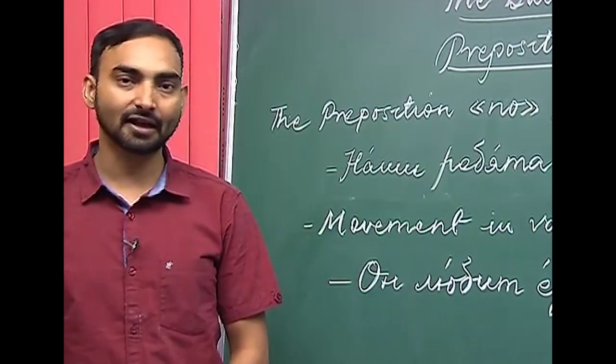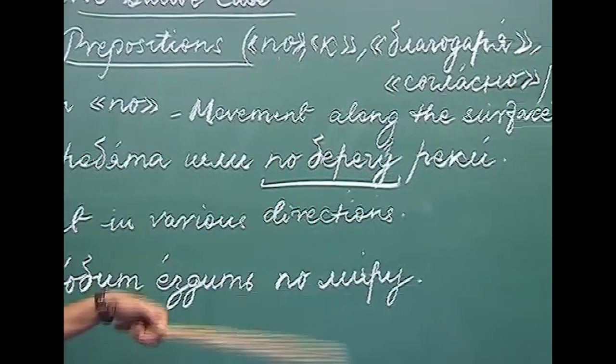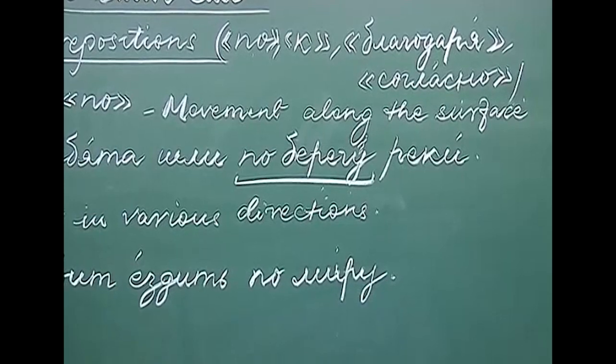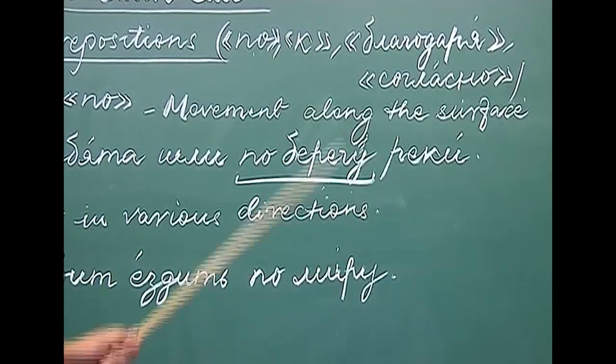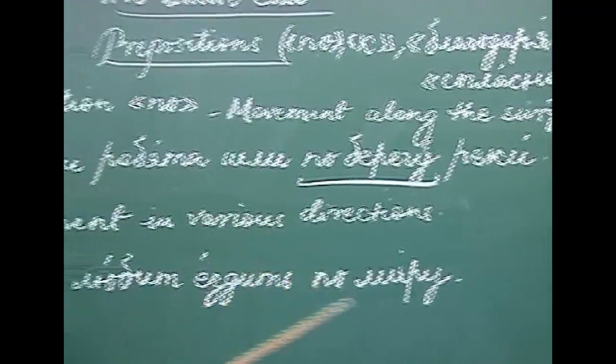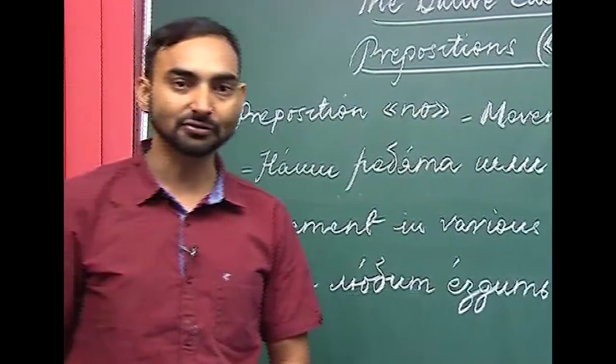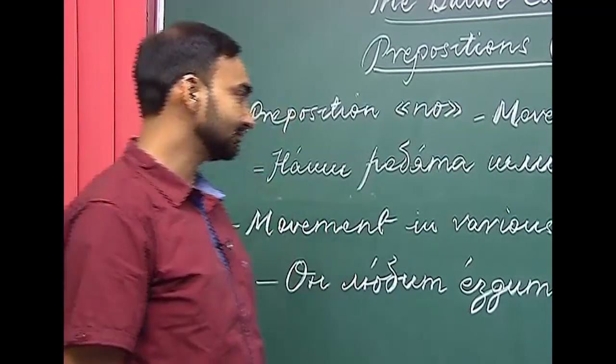The first meaning it conveys is movement along the surface. If the subject is moving along or on the surface, this meaning is conveyed by the preposition pa. And again, pa takes a noun in the dative case.